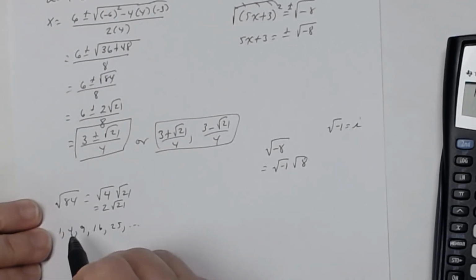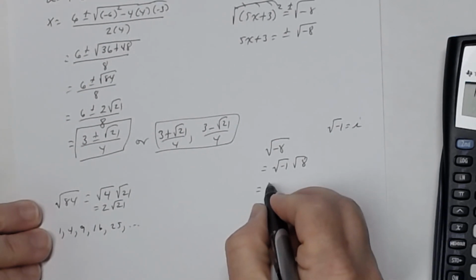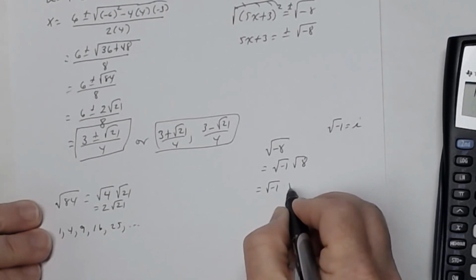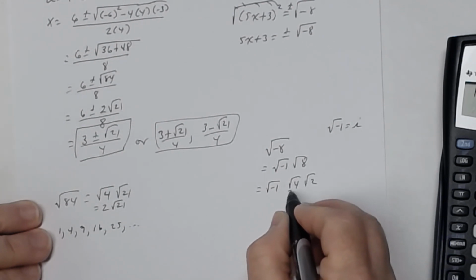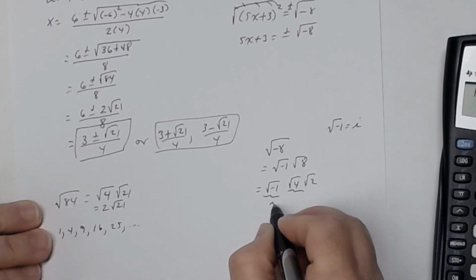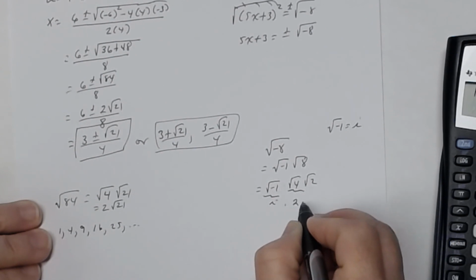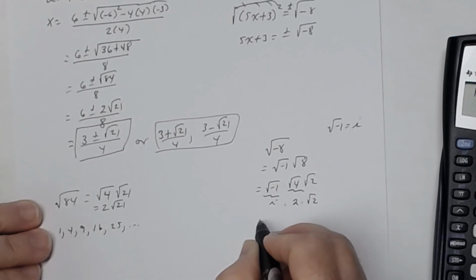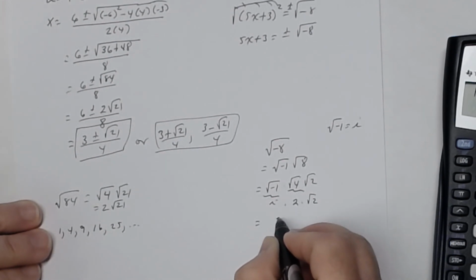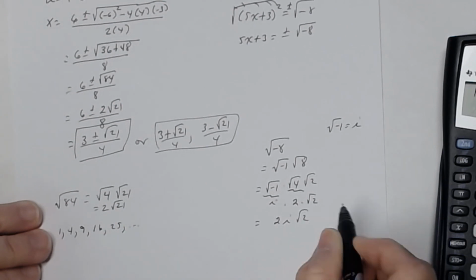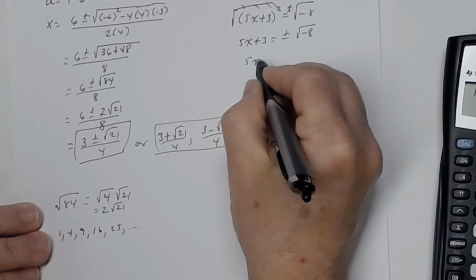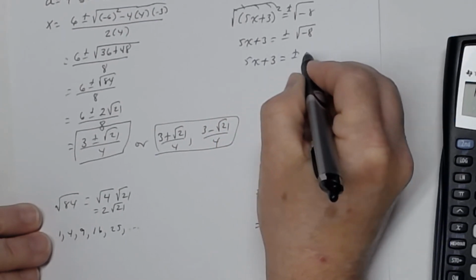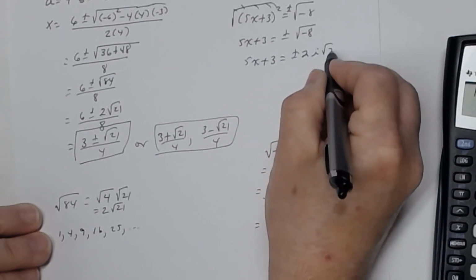In fact, the largest one is 4. So this becomes the square root of a negative 1 times the square root of 4 times the square root of 2, because 4 times 2 is 8. And then the square root of 4 is 2. This is i. So that's i times 2 times the square root of 2. And so I'm going to write this as 2i square root of 2. So that goes here. So this becomes 5x plus 3 equals plus or minus 2i square root of 2.